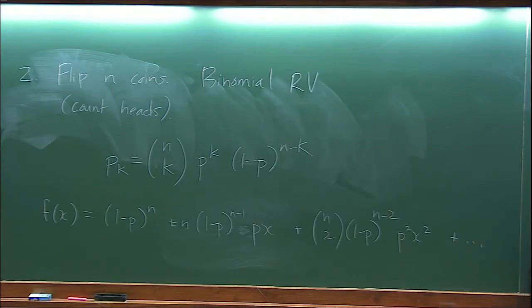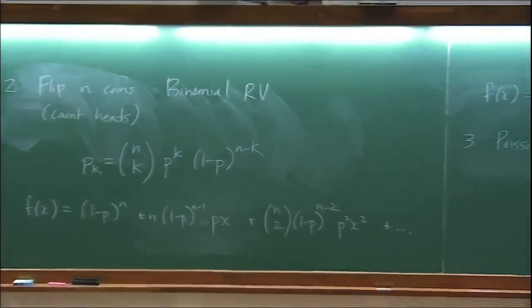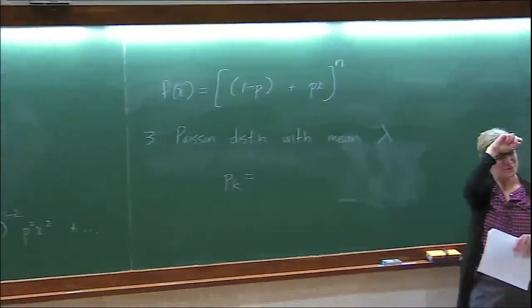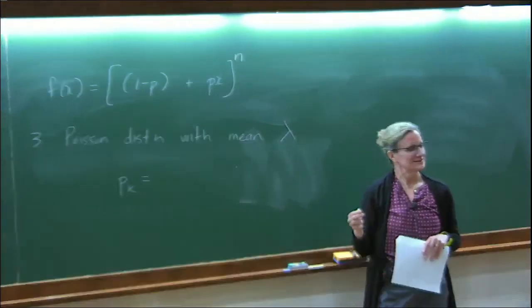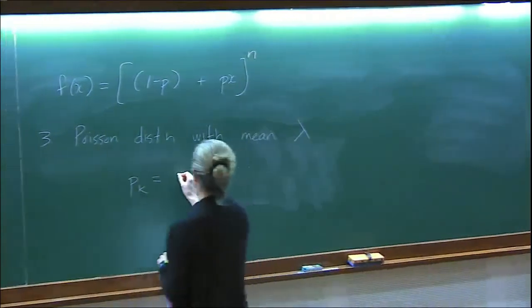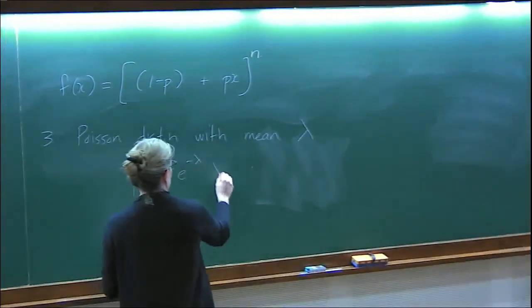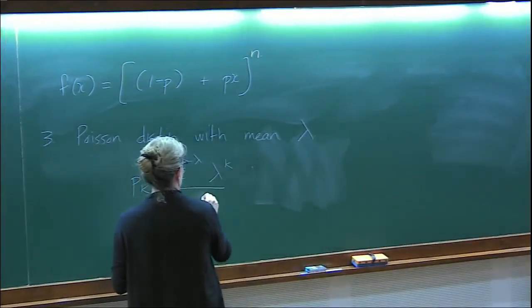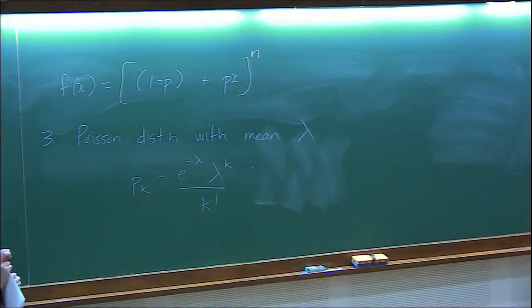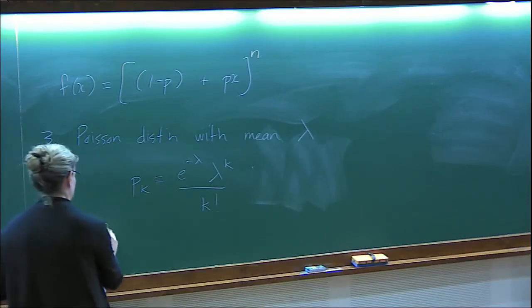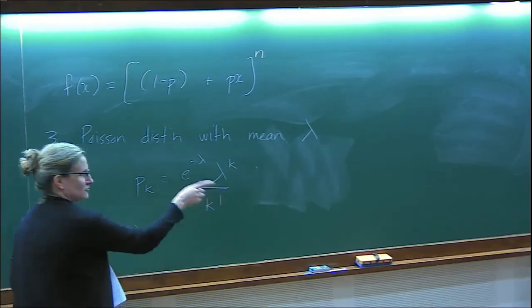Okay. Probability experts, P sub k for Poisson distribution, probability of k. It's e to the negative lambda, lambda to the k, k factorial, right? Okay, sub that in and write out your probability generating function. Do a few terms in your notes.